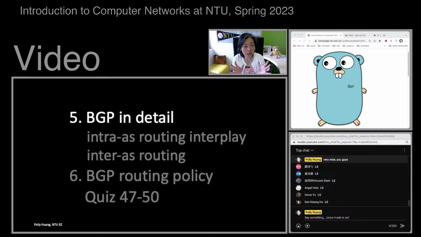So shortest AS path doesn't make much sense. The cost might be higher. Therefore, a greedy solution: hot potato routing. Whichever gateway is closer to me, I forward the data to the shortest distance gateway router. And this is under the assumption that both of these gateway routers know a path to the destination.